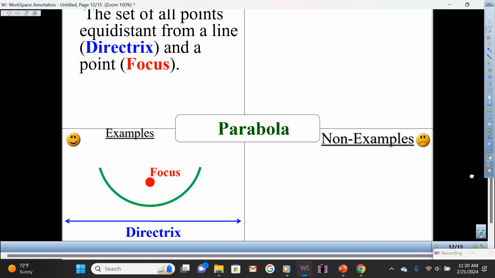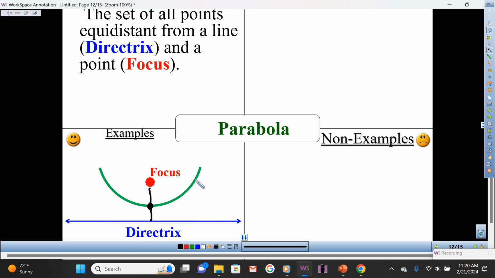Let me elaborate on this to make sure you understand how to form a parabola. A parabola, according to the definition, is made up of a bunch of points that are equidistant from what? From a line and a focus. That means, according to the definition, that this distance and this distance are the same, because there's a point right there.